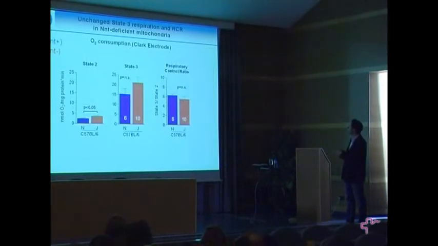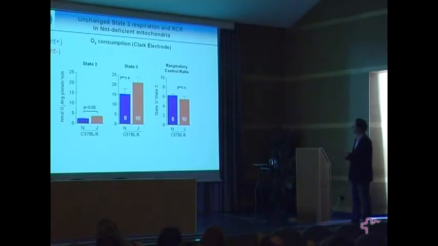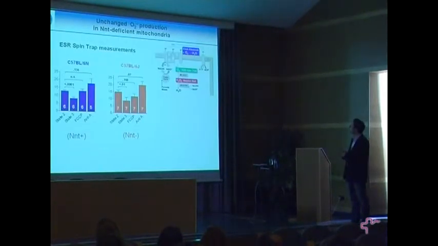Well, to make a long story short, oxygen consumption with the Clark electrode was not different in state 3, and the respiratory control ratio was also not different between these two strains, meaning that the respiratory chain is probably not defective. And when looking at superoxide generation with the spin trap technique, we observed similar amounts of superoxide generated under these different conditions.